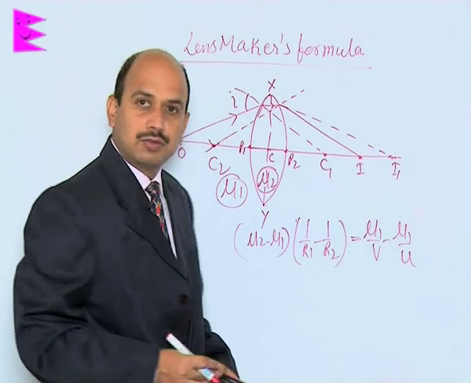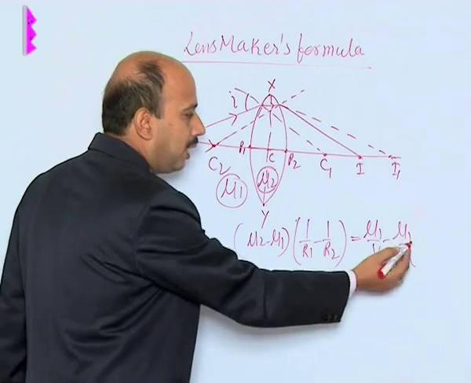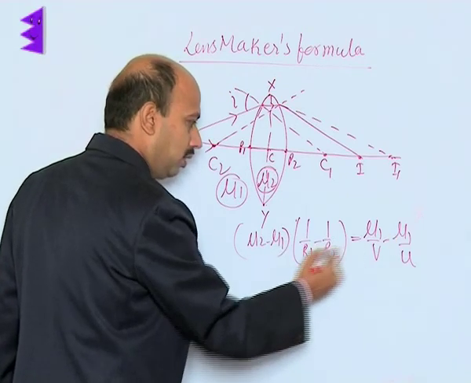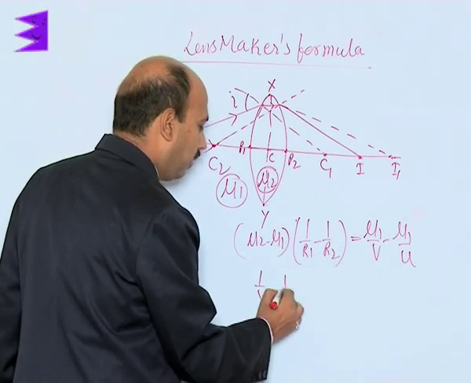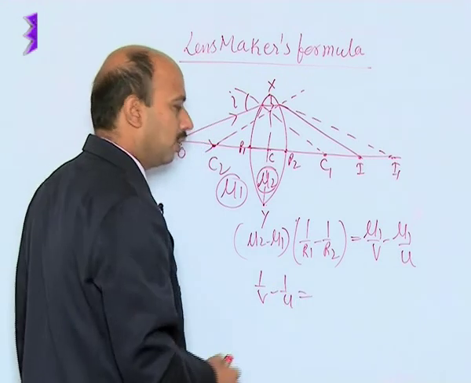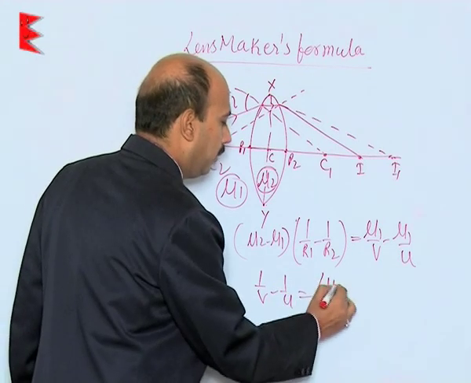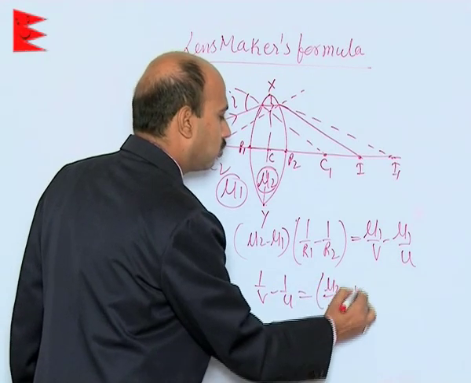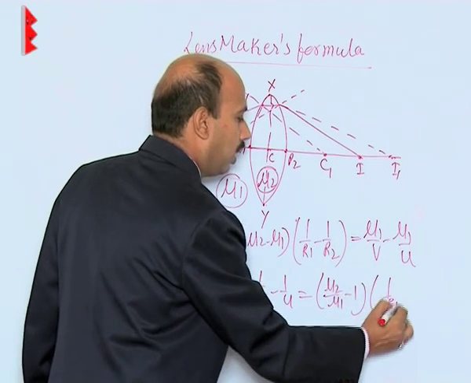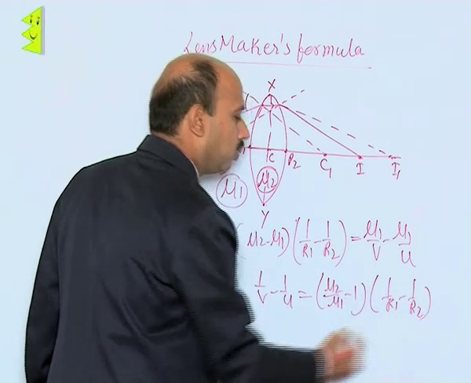Now, we can take mu1 common and to this side. So, we will get 1 upon v minus 1 upon u is equal to mu2 upon mu1 minus 1 into 1 upon R1 minus 1 upon R2.